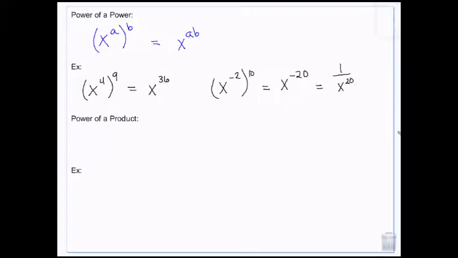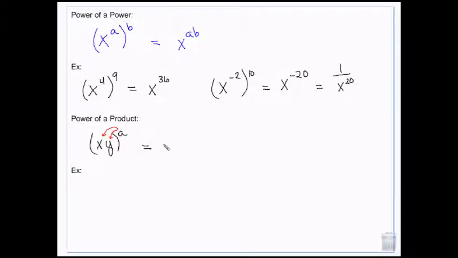Okay, a power of a product. A product is when I'm multiplying more than one thing together. So let's say xy to the a. This is kind of like distribution. I'm distributing the product, though, to everything inside, or the power. I distribute the power to everything inside the parentheses.